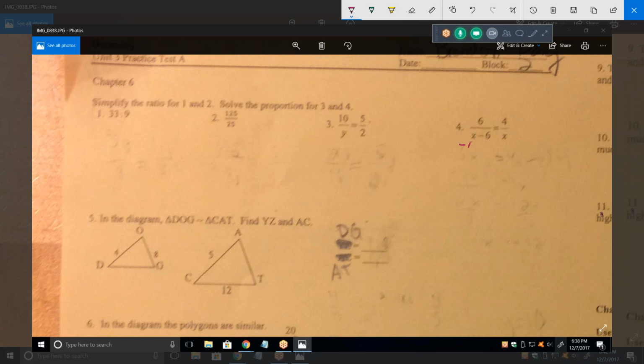If that's negative 12, and that's negative 12, what's that become? Okay, so you have 6 over negative 18. Is that equal to 4 over negative 12? Actually, it is.